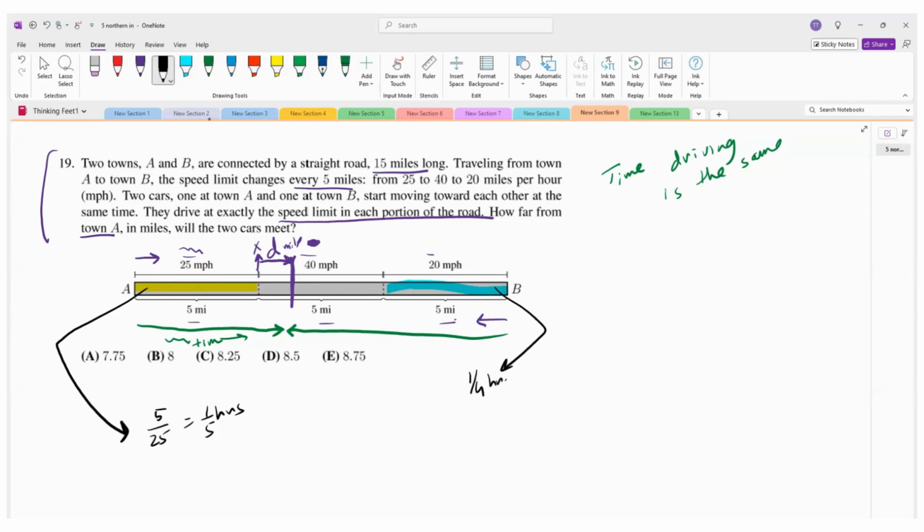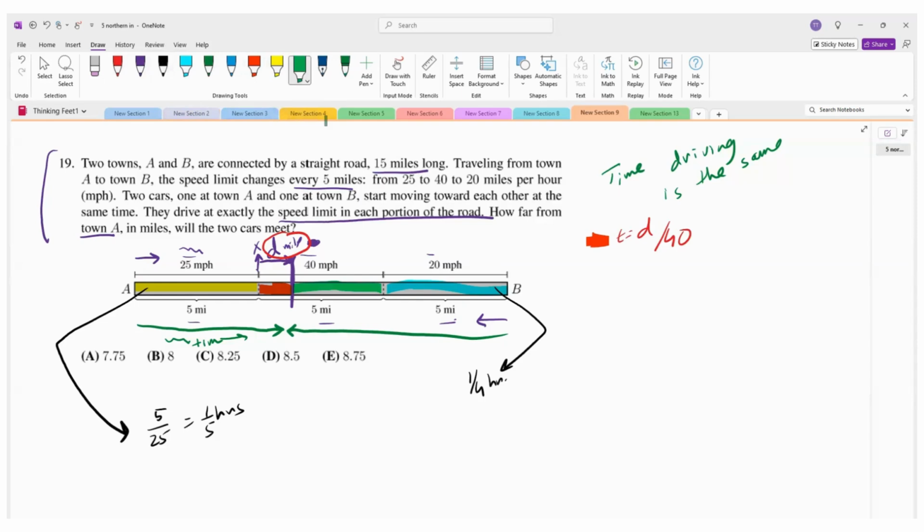Okay, now let's see what we can do about this time, the red time. So the red time, we're going d miles at 40 miles per hour, right? So that time is going to be d over 40. Okay, and then let's look at this green time.